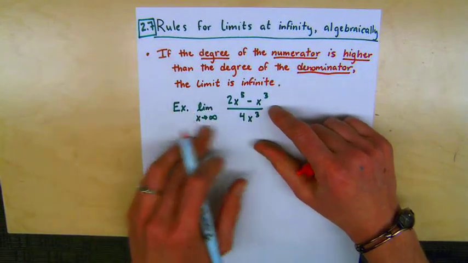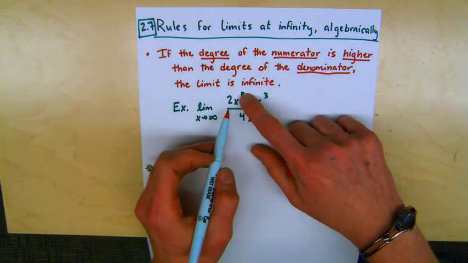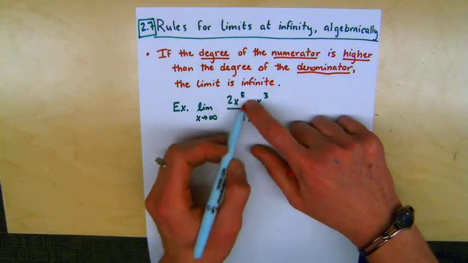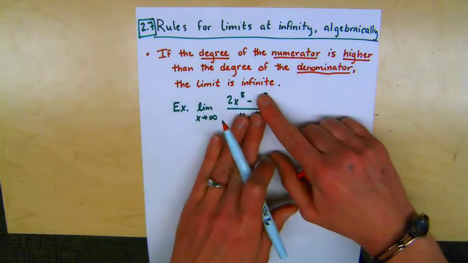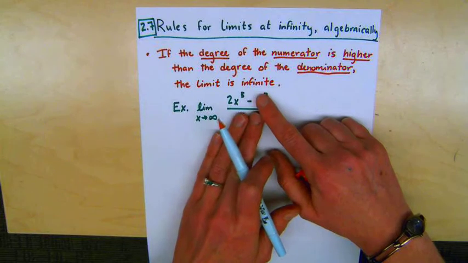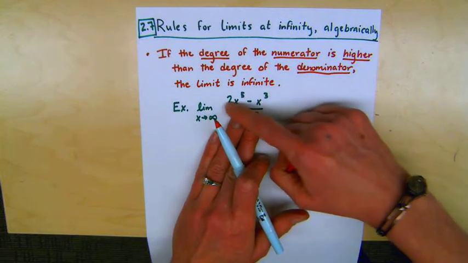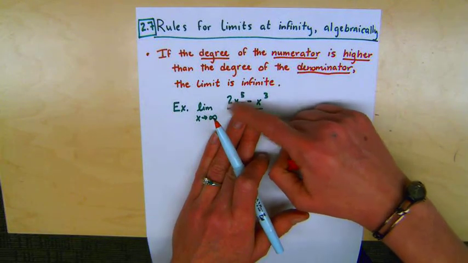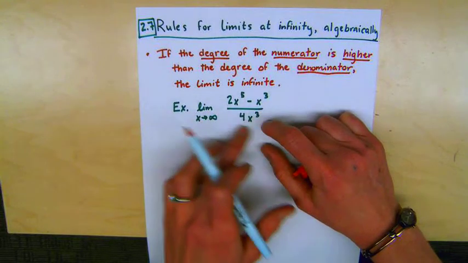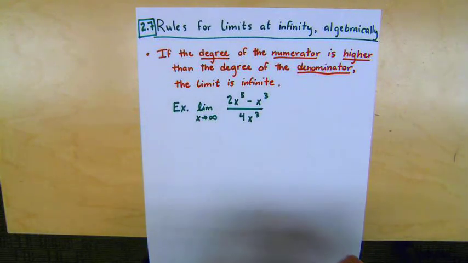When looking at this limit, this x to the 5th is going to be a much more powerful term than these subsequent terms. These subsequent terms are sort of pocket change, and I see that this leading term goes to infinity, and nothing in the denominator is going to get big enough to cancel it out.